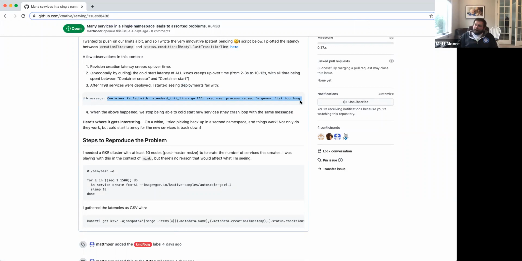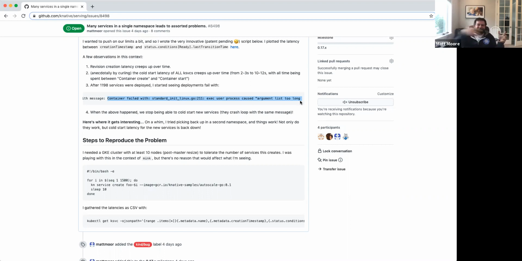And basically, this was a really bad cascading failure, because not only could I no longer deploy new services, but existing services that had been scaled to 0, those pods wouldn't start either, right?